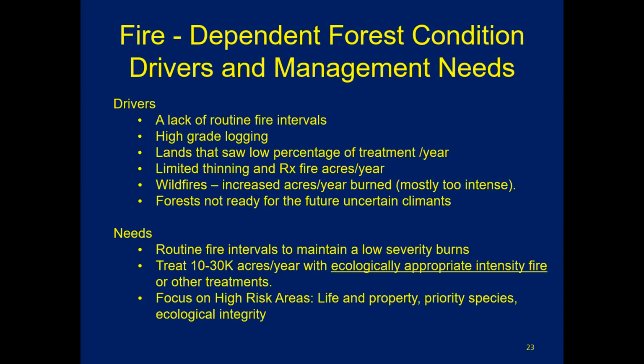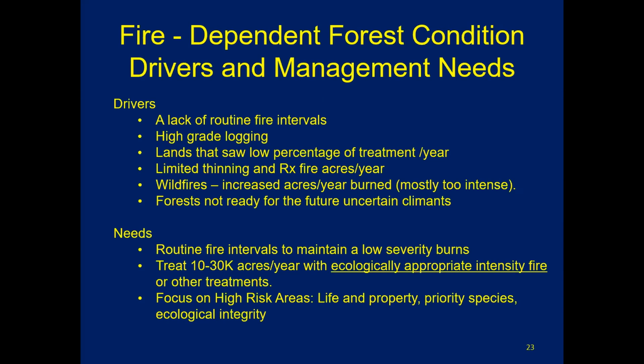Lands that saw low percentage of types of treatments. Maybe they took out all of the good timber and then they just left it, didn't thin it, didn't apply any prescribed fire or burn the piles. We're seeing an increase of acres. You saw that in Jessica's presentation where she showed those charts where we're seeing more wildfires.